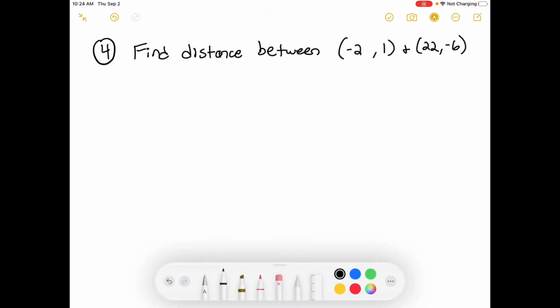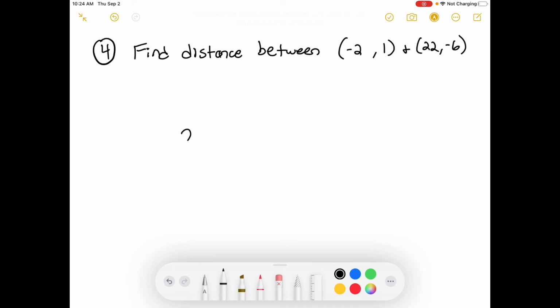Okay, example 4, find the distance between -2, 1 and 22, -6. So you can actually do these without plotting them on a XY coordinate plane. If you just find the distance between -2 and 22, how far is it from -2 to 22?